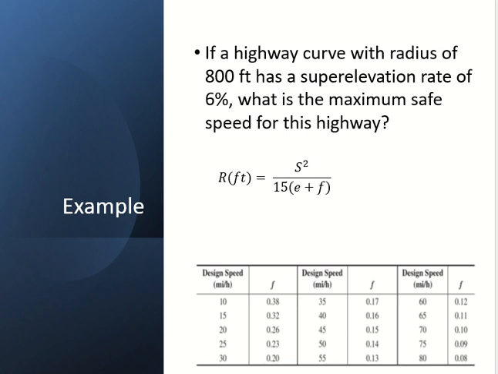To know the exact value of f, now we say our speed is 48.99. Now what is the value of f? Because this value of f is at 50, we can do interpolation, but if you look at the values of f, even if you do interpolation, we'll get 0.14, right? Because what's the difference between them? 0.01.